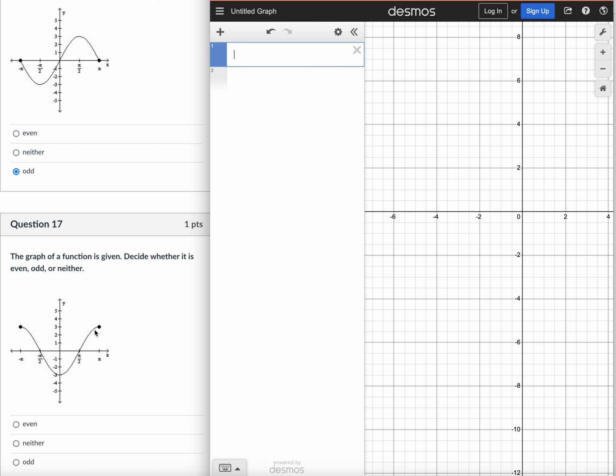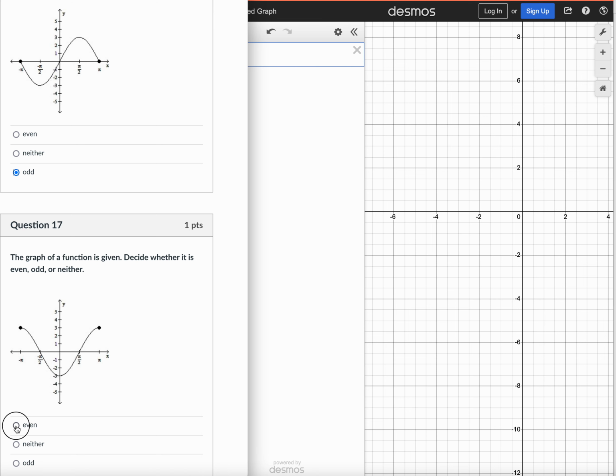Or you may also say one part of the graph on the right-hand side of the y-axis is the mirror image of the other part, which is on the left-hand side of the y-axis. So the function in this case is even.